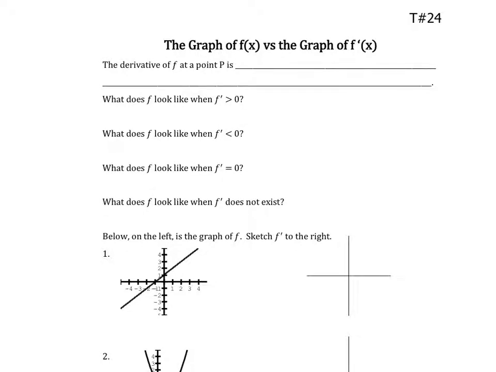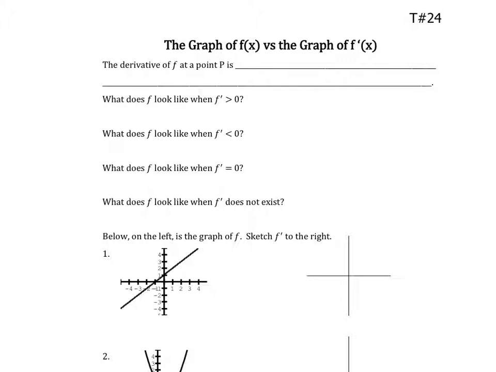Right, so let's take a look at the graph of f of x versus the graph of f prime. And you're going to have to go back and forth between these two. So if someone says, what is the derivative of f at point P, what are you going to say?